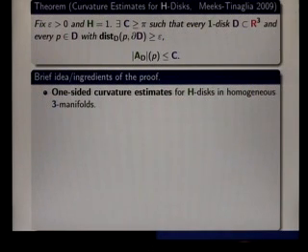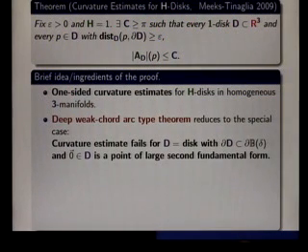So that's one thing. It helps you get what are called weak chord arc properties, a relationship between intrinsic and extrinsic distances. This is the crucial kind of argument used by Colding-Minicozzi to prove properness in the minimal case.